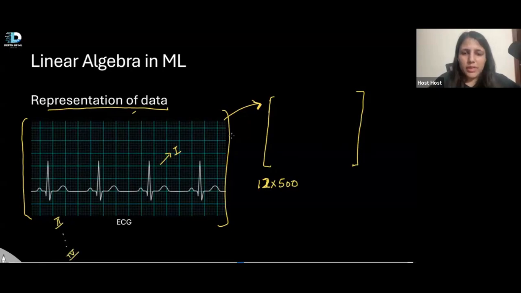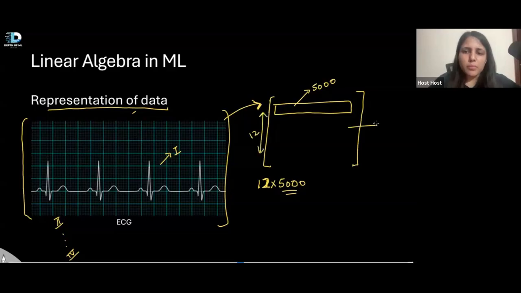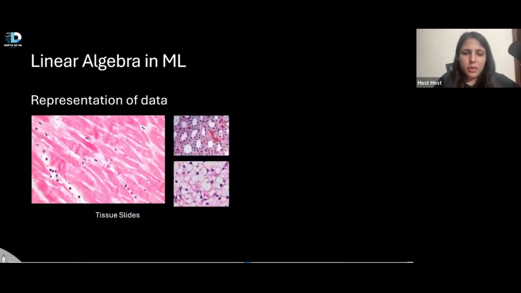Every lead corresponded to 5,000 data points, so we had vectors of 5,000, and we had 12 such vectors. That data went to our machine learning model. So here you can see that a matrix is being used to represent the data, and this is where linear algebra is coming in.